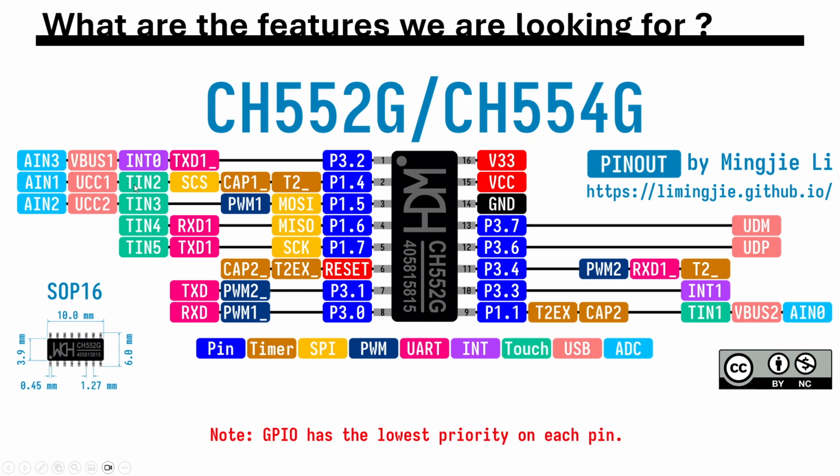Touch, we have a total of 5 touch pins. USB, direct USB without any other chipsets like the CH340C, and an analog to digital converter for reading analog values, right? Other than that, in USB we have other details as well.